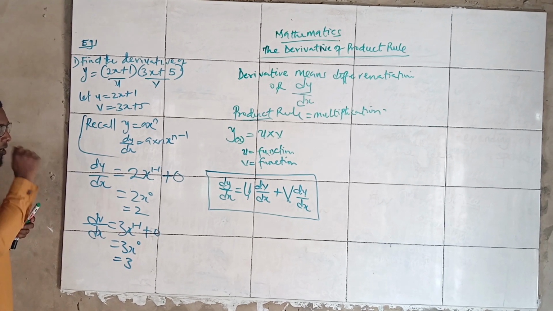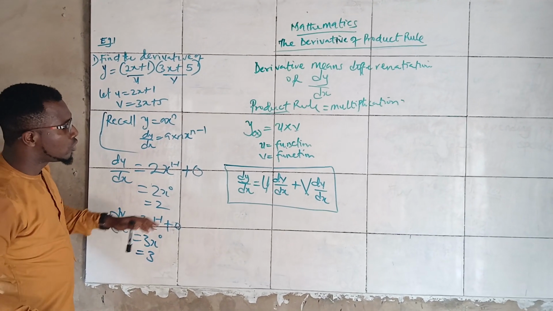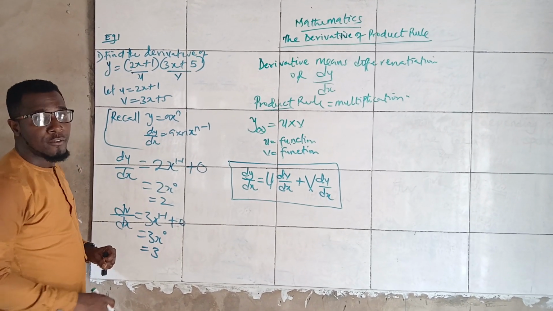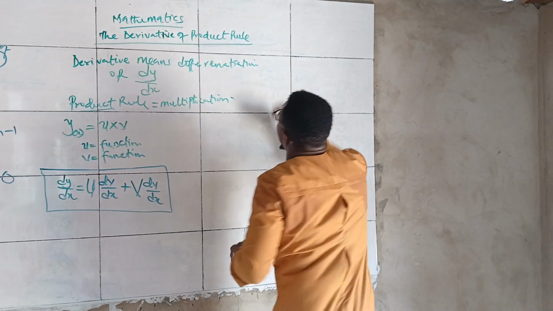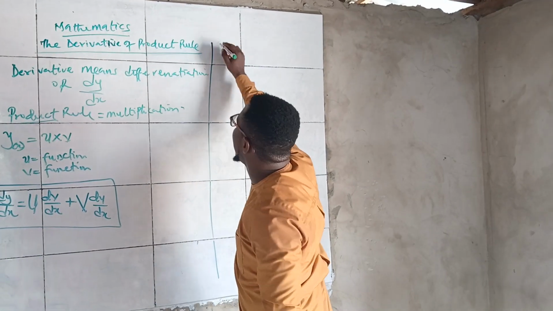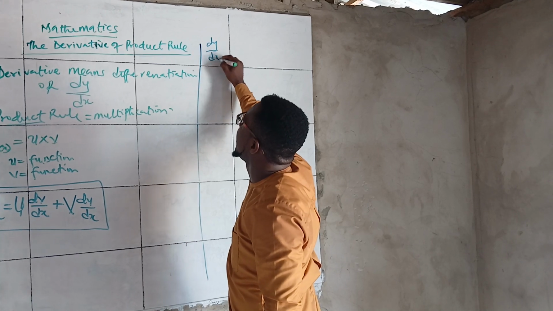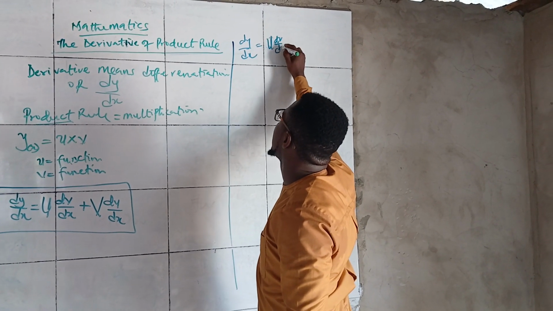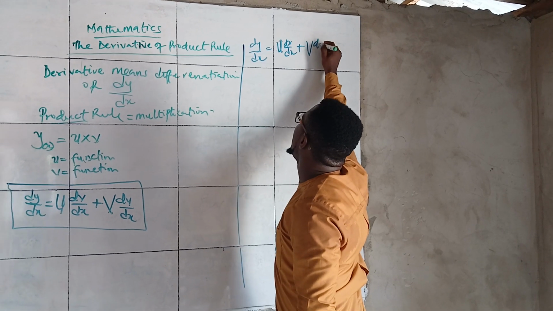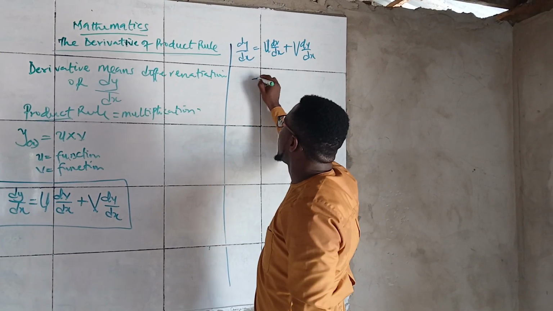Are we together now? So the next thing we need to do here is to use our formula. We're going to use our formula that dy over dx is now going to be equal to u dv over dx plus v du over dx. So what is u?